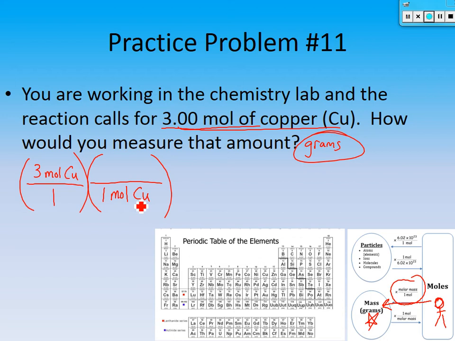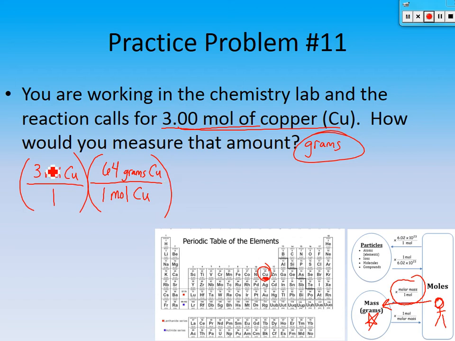If you look up copper on the periodic table, it's right here. I want the number that it gives. Rounded to the nearest whole number is 64. Good. So 64 what? Grams. Don't forget to put the unit, and the substance. 64 grams of what? We're talking about copper.